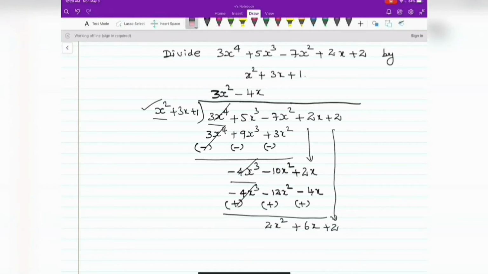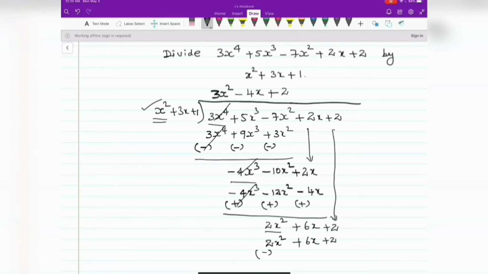Okay. Now I want 2x square. But I am having here x square in this place. So I need to multiply it by plus 2. That will give me 2x square, plus 3x into 2 will give me 6x. Then plus 1 into 2 will give me plus 2.